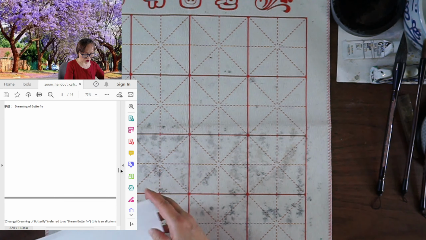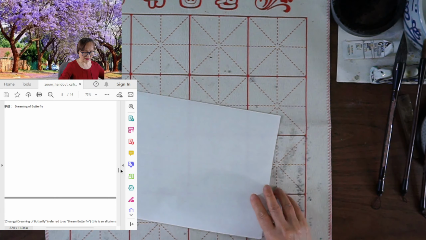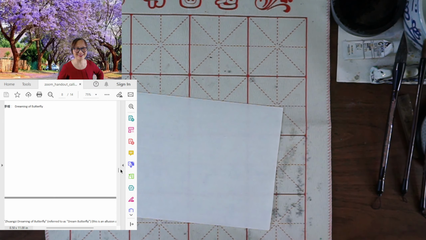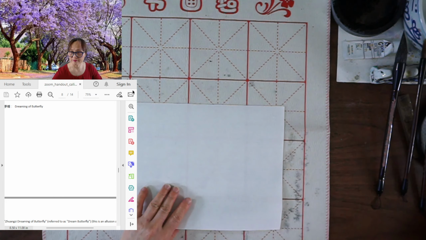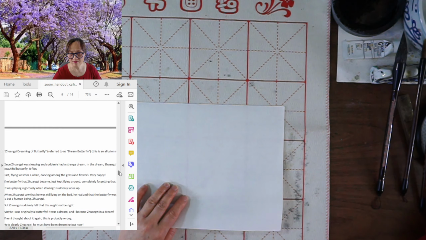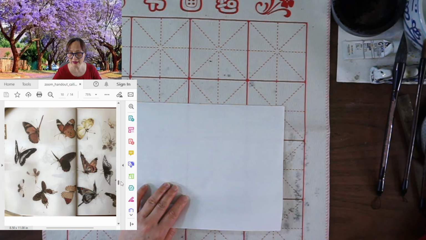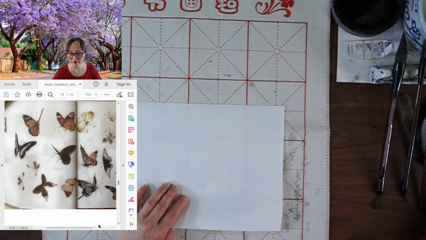Any questions about the characters? Otherwise, we can study the butterfly strokes. There are many kinds of butterfly.